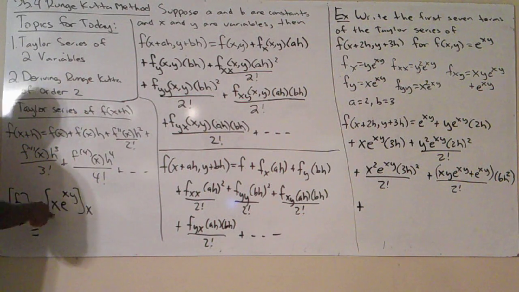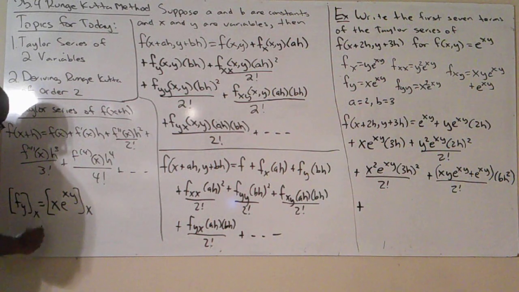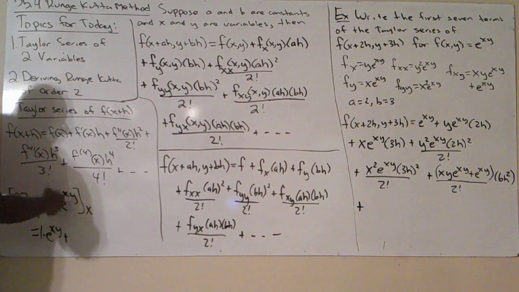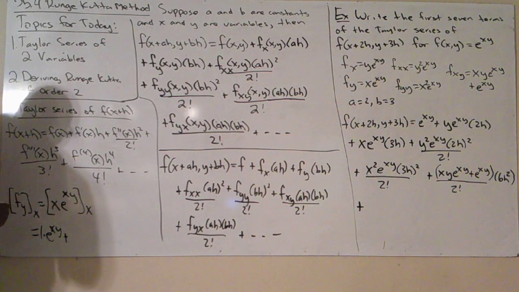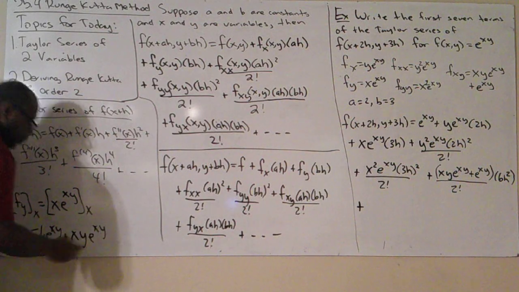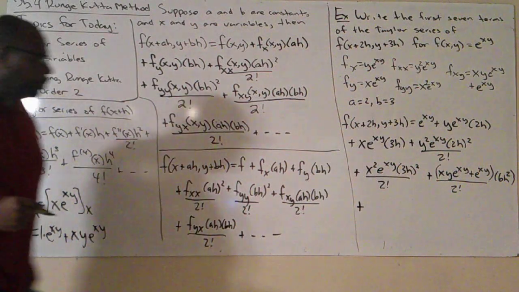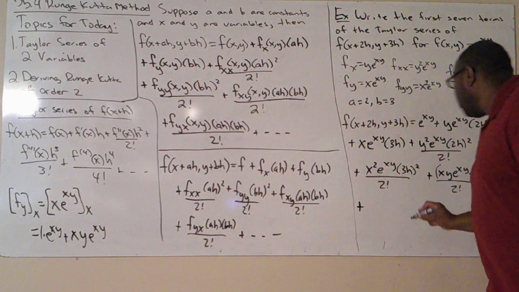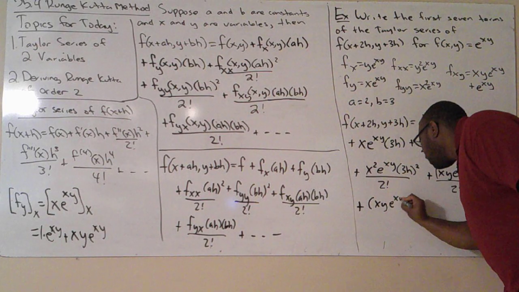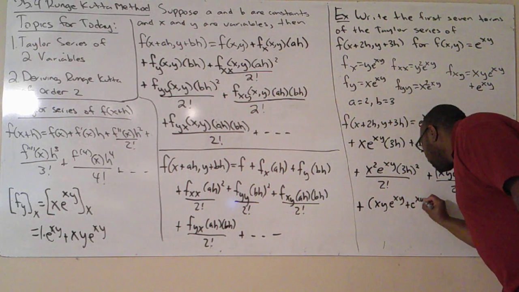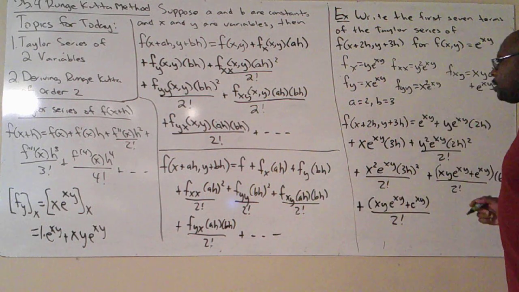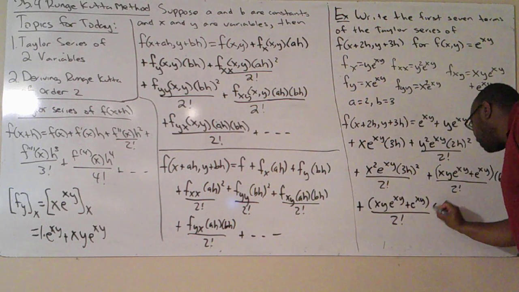So the derivative of the first will be 1 times the second, plus the derivative of the second, right, e to xy is going to be y e to xy, so I get xy e to xy, which is the same thing we have over there. So I get xy e to xy, plus e to xy, divided by 2 factorial, times ah plus bh, which is going to give us 6h squared. Again.